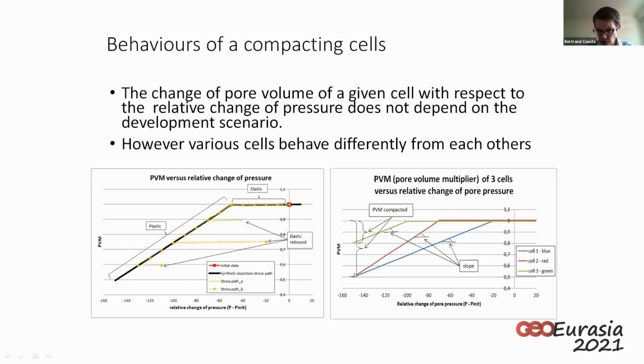However, ultimately, it reaches the same amount of compaction as cell 1, which is 50%. So we could use those two metrics, the slope when there is compaction, when there is plasticity, and the extent of the compaction, to classify the cells and to say, okay, this cell is very different in its behavior than this one.